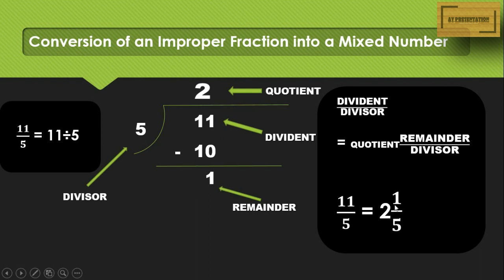So 1 is written at the numerator place and the divisor, that is 5, is written at the denominator place. So the improper fraction 11 upon 5 we can easily convert into a mixed number, that is 2 complete 1 upon 5.